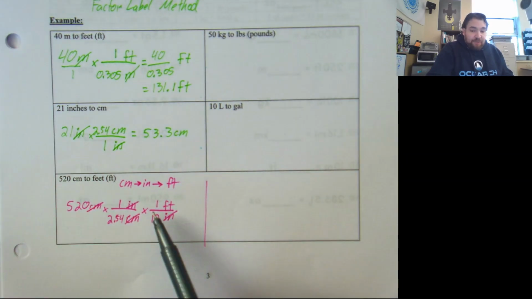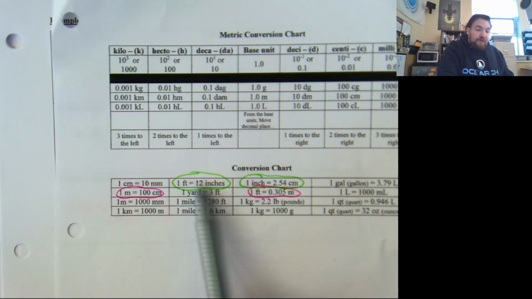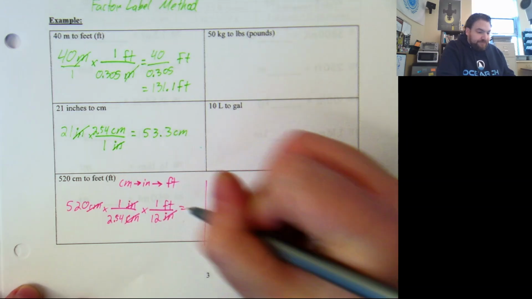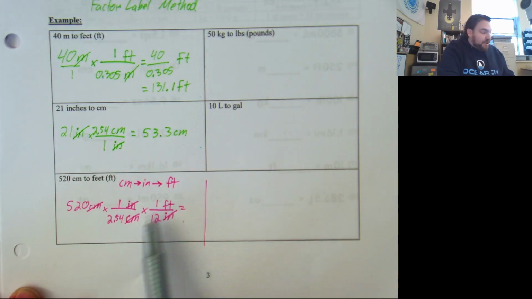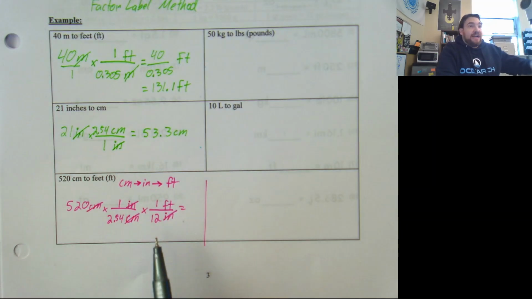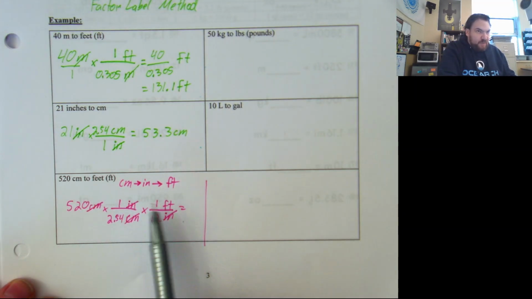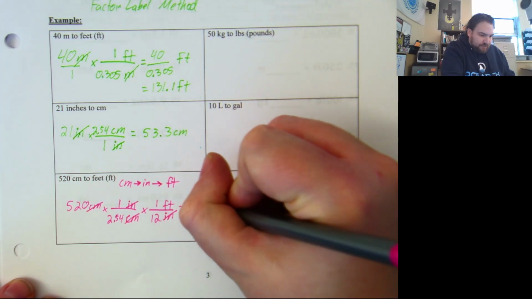So I'm just putting the numbers from our conversion factors into these fractions. We're going to multiply across the top, we're going to multiply across the bottom, and we're going to get a fraction that we can then divide. 520 times 1 times 1 is 520.